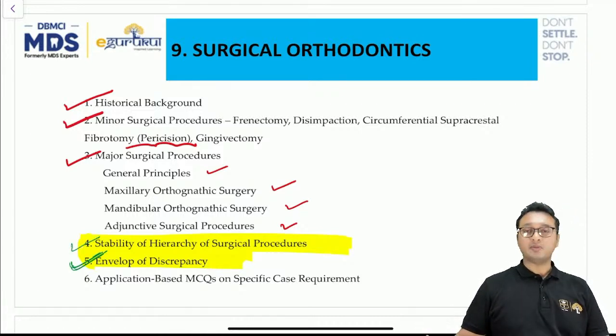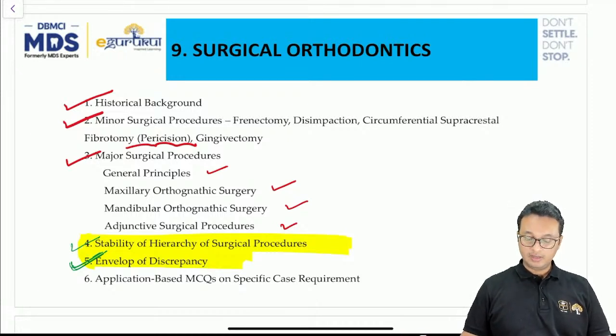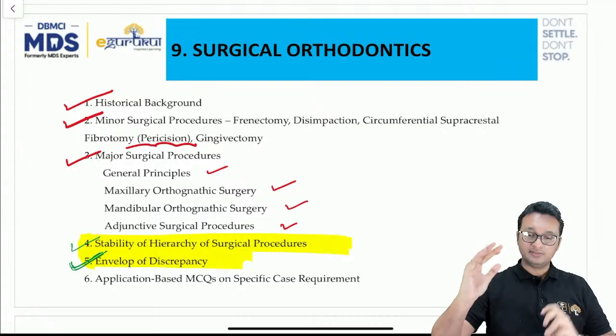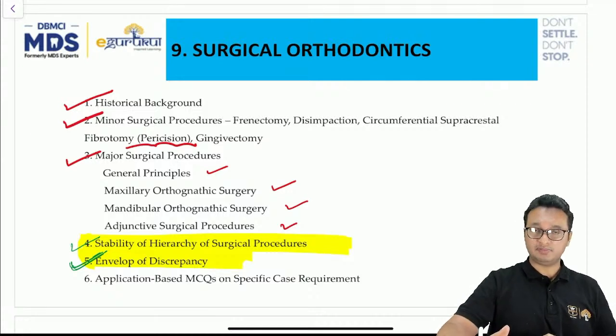This is again a topic to be understood properly. I've explained that earlier. The envelope of discrepancy means the amount of tooth movement possible by orthodontic treatment alone, orthodontics plus surgical treatment, or myofunctional appliance treatment alone.